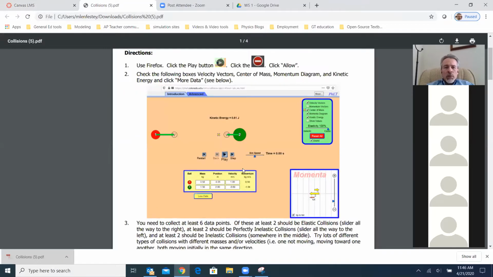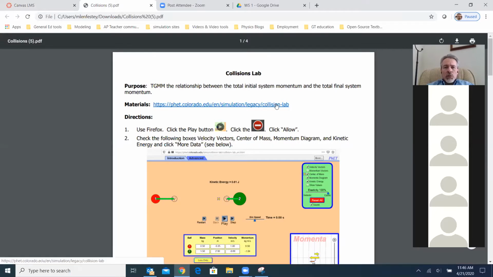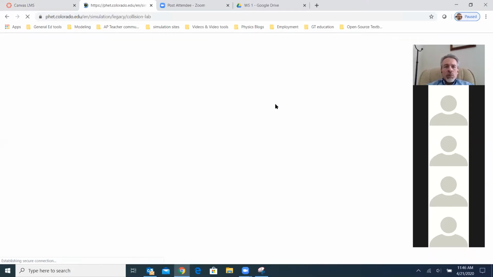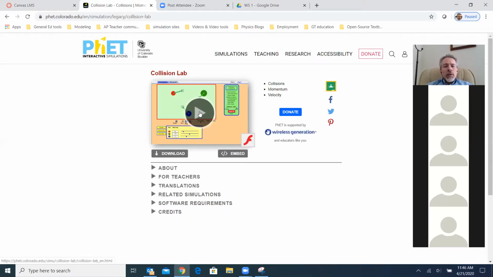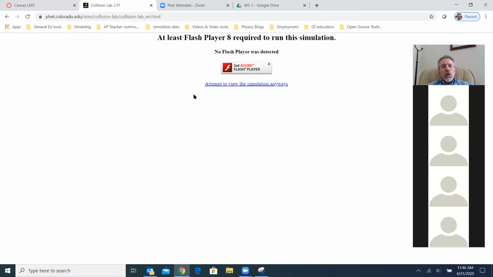It's pretty well laid out, but I actually want to show you some problems that you might run into. First of all, when you go to the site here and you click to start it, it won't work because it's Java, and Java doesn't play nice in Chrome. So let me go back.